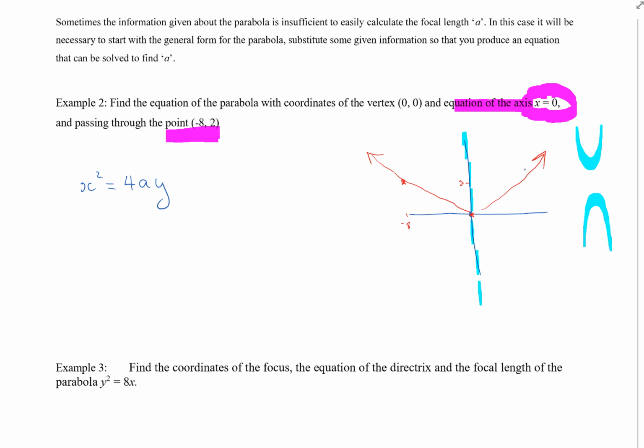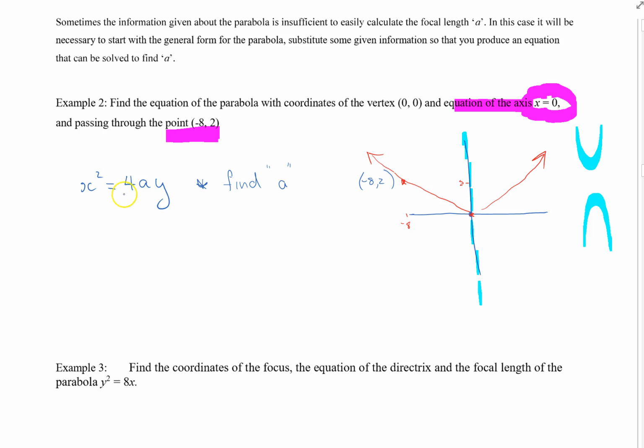Now, clearly they've given us this information about this point -8, 2 to use in some way. What do we know is our task from this point? From this point, we've got to find A. We have to find A.